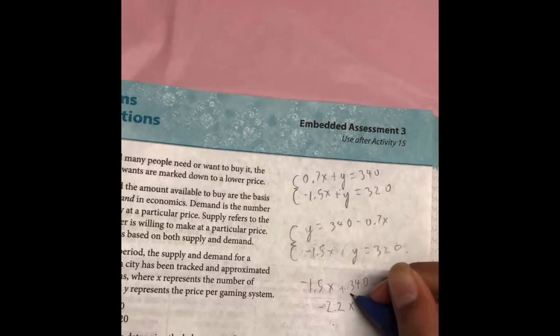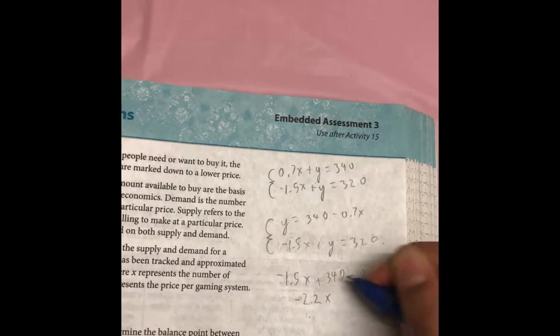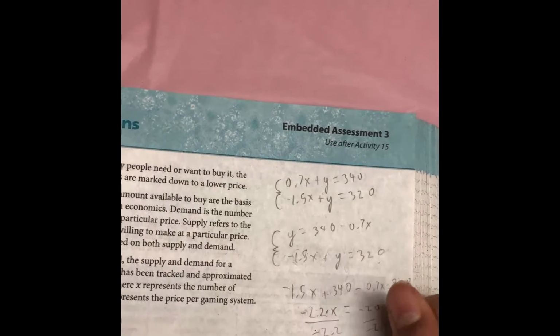And then we subtract 340 from both sides. And that gives us negative 20. So then we divide by negative 2.2 on both sides because we're multiplying by negative 2.2 over here. So we get x equals 200 divided by 22. So then this simplifies to x is equivalent to, I'm going to round to the tenths place, 9.1.